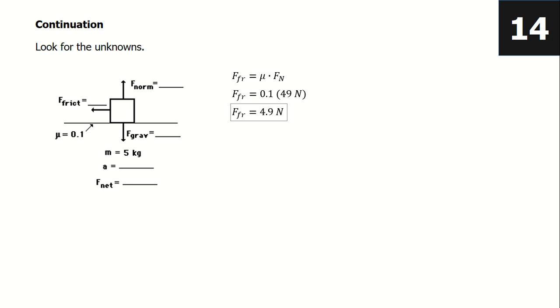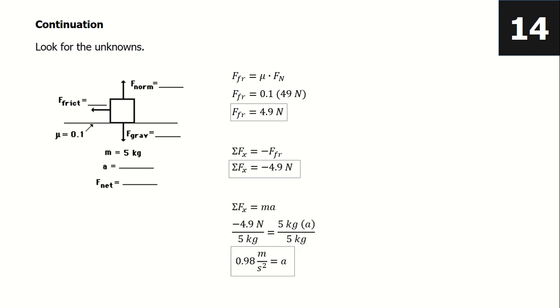That's my frictional force. Since that is the only force present along the x-axis, that is the one causing the acceleration, or that is already the net force. Negative 4.9 newtons since it's directed to the left. Okay, so we can already solve for the acceleration here. Acceleration will be equal to the net force divided by the mass.